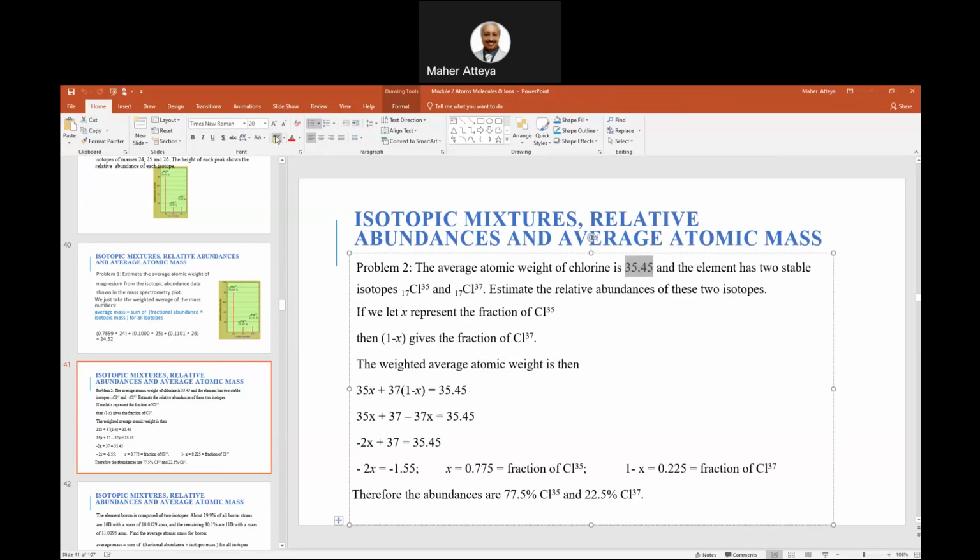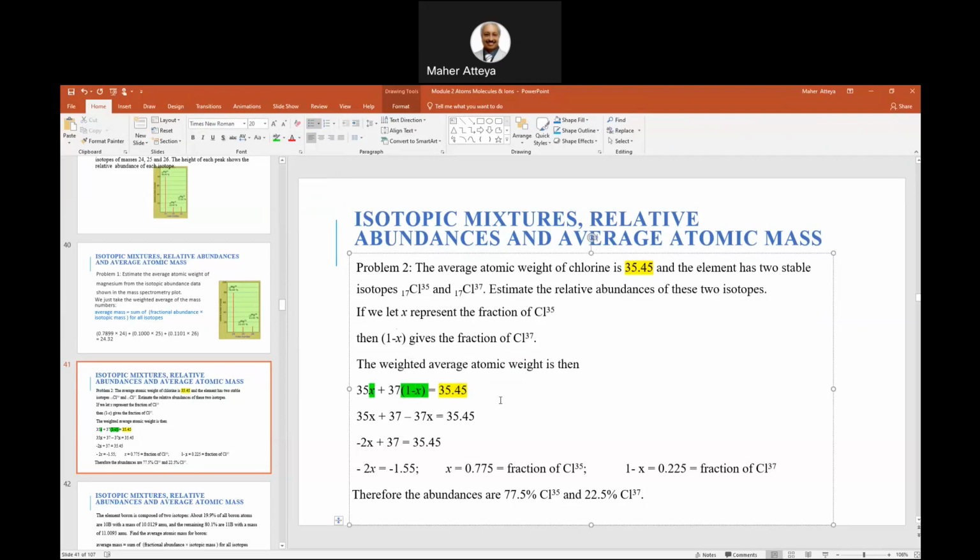This is from the periodic table, the average weight. And the x's here, those are the abundance. Now solve for x.